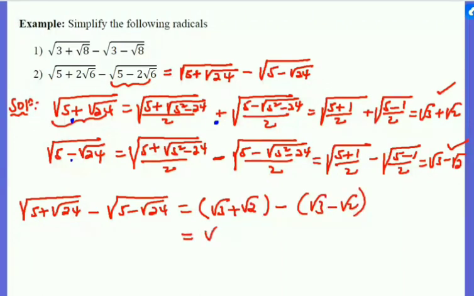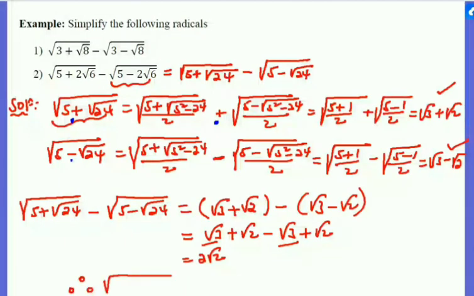This is radical 3 plus radical 2 minus radical 3, and minus of minus becomes plus. So radical 3 will be eliminated. The result will be radical 2 plus radical 2, which is 2 radical 2. Therefore, the difference between these two radicals is 2 radical 2. So the answer for the second one is 2 radical 2.